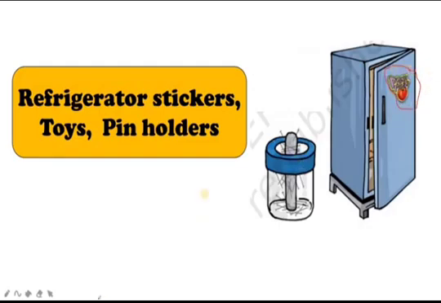Everywhere you can see the presence of magnets. The magnet helps to close the door automatically, and in toys also, and in pin holders. The pin holder is magnetic, so the pins will be fixed automatically.